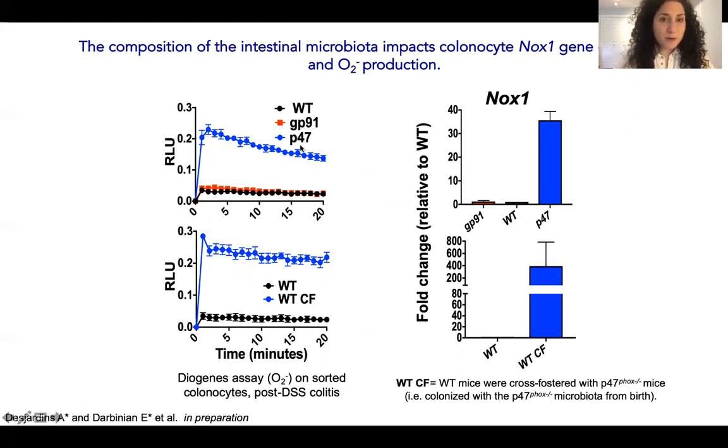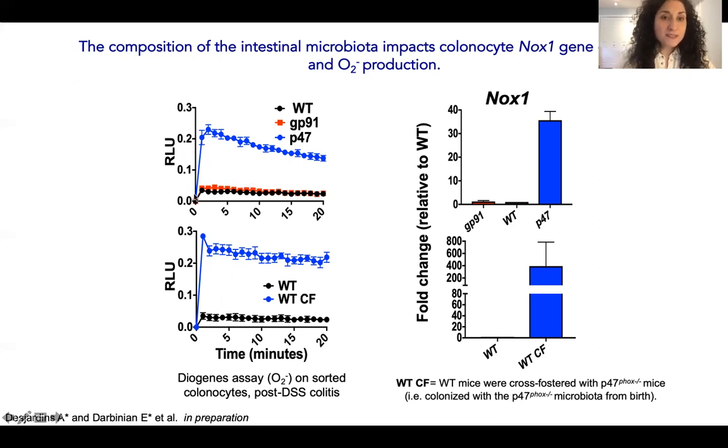a colitogenic microbiota. And so what we see here is we took wild-type, GP91 and P47 knockout mice, and we induced DSS colitis in them. We then isolated their intestinal epithelial cells and performed Diogenes assays, measuring superoxide formation in these sorted intestinal epithelial cells.